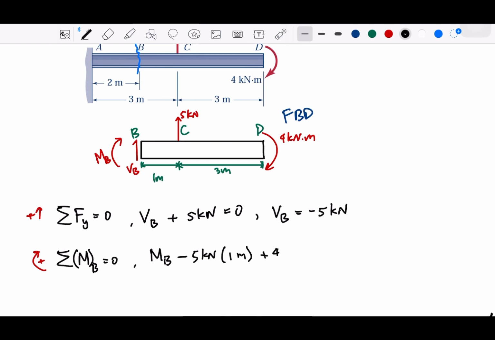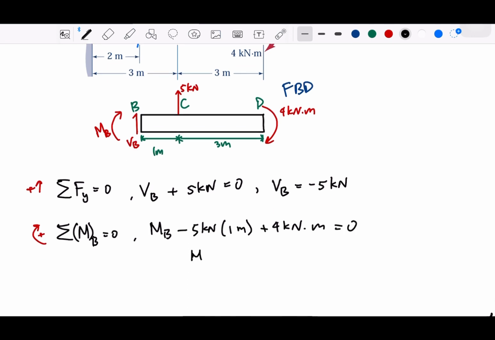And then plus 4 kilonewton. I think there are no other relations from here. So this is equal to 0. So MB is negative 1, going to the other side is 1 kilonewton meter.